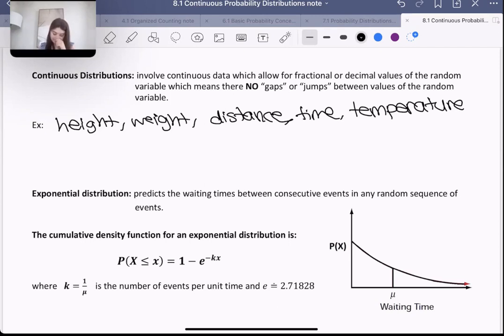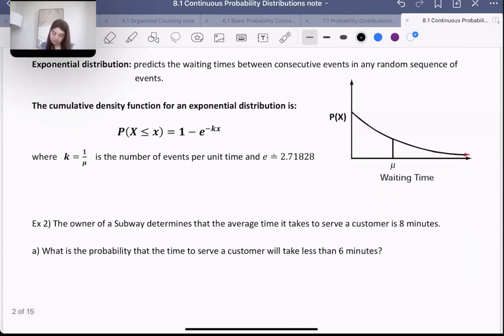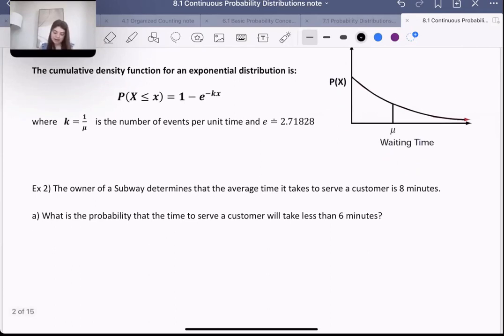Okay, so an exponential distribution predicts the waiting times between consecutive events in any random sequence of events. The cumulative density for an exponential function is this: the probability that x is less than or equal to whatever x we're choosing is 1 minus e to the power of negative kx, where k is 1 over mu, and that's the number of events per time unit.